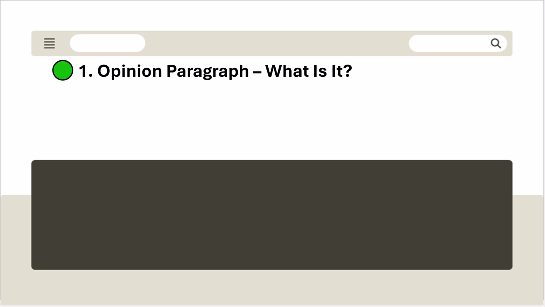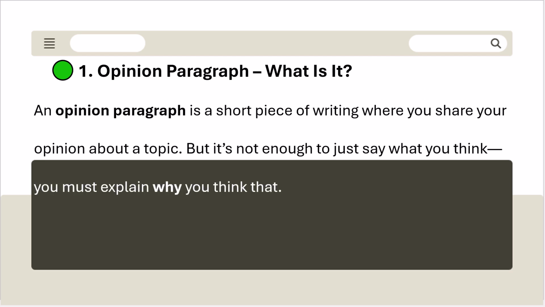The opinion paragraph. The first part of your writing task is asking you to write an opinion. What is an opinion paragraph? It is a short piece of writing where you share your opinions about a topic. But it's not enough to just say what you think.